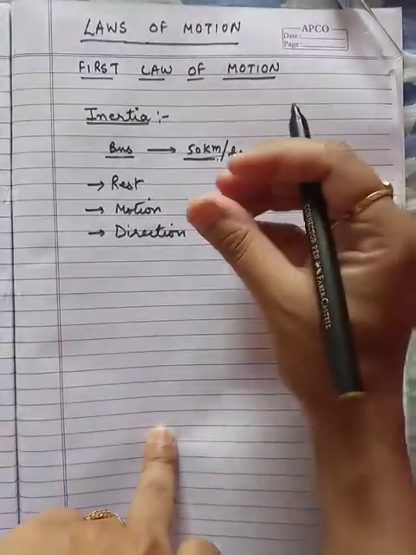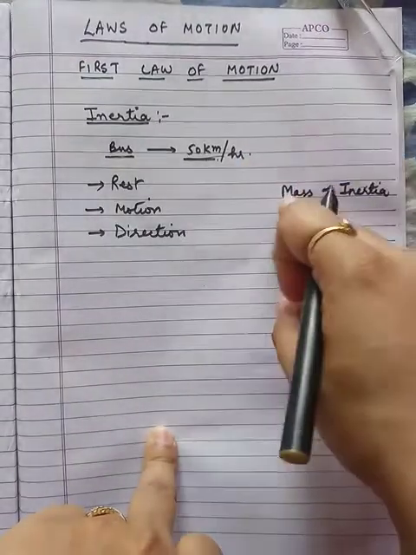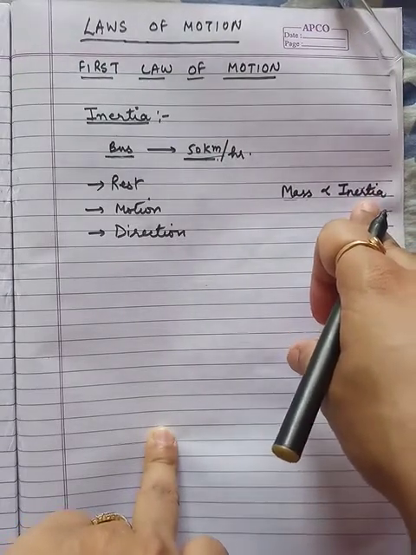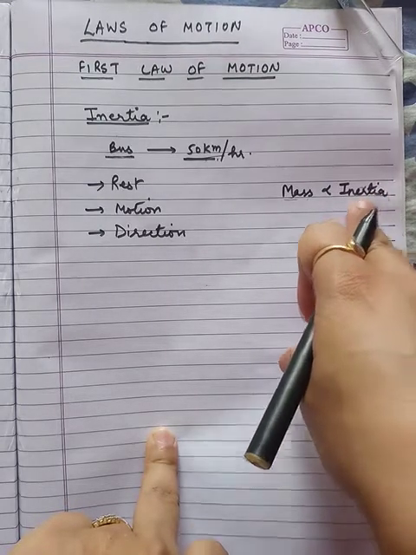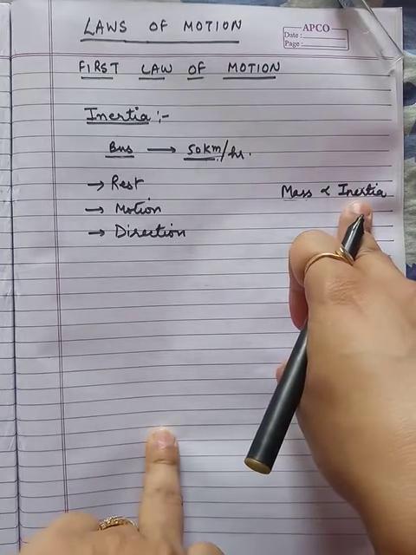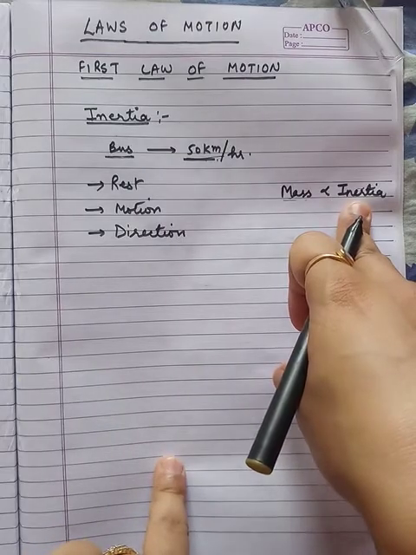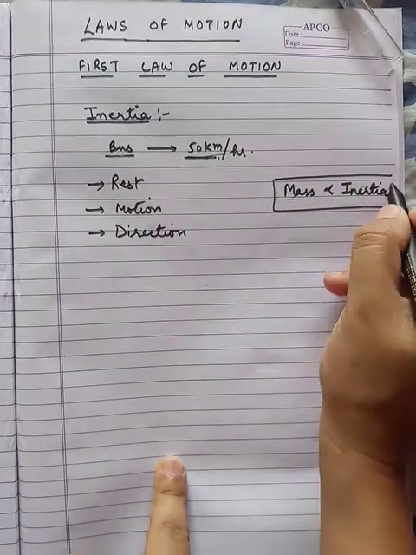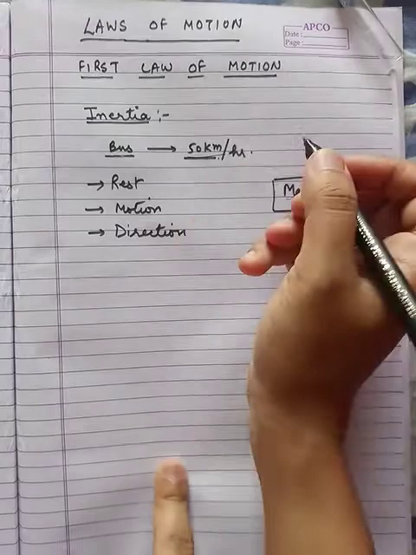Because they are of the same size, but the iron ball has more mass, so it has more inertia, and so it has more tendency to resist its change of state. So the iron ball will oppose the state change. That means it does not want to be in motion, it will try to remain at rest. So the more the mass, the more will be the inertia. This is very important to understand and remember.